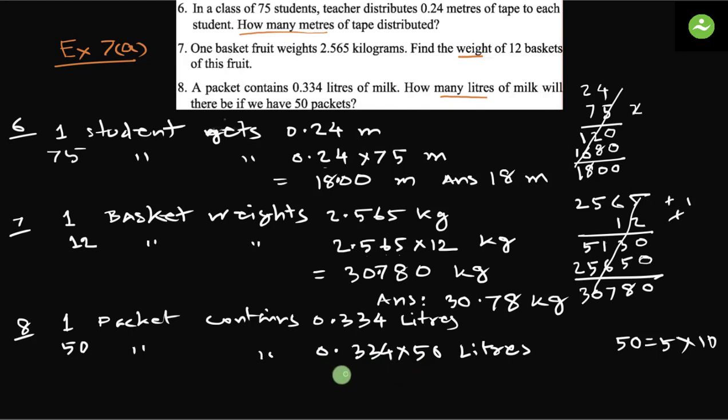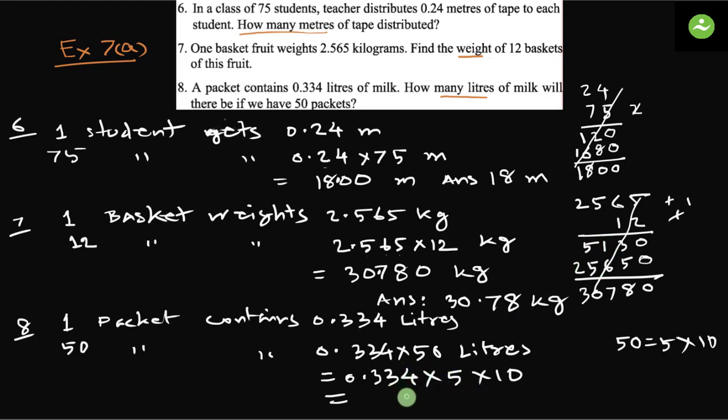I show you. So we can write it as 0.334 into 5 into 10, and then we multiply by 5. We don't need the vertical method, we just do it straight away.